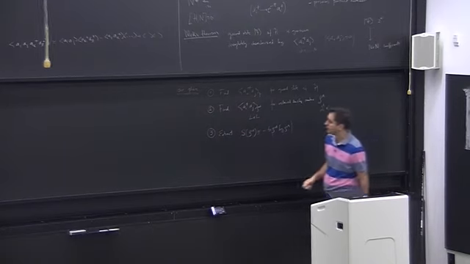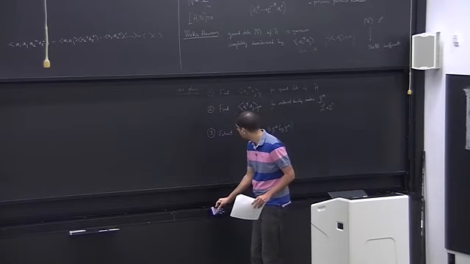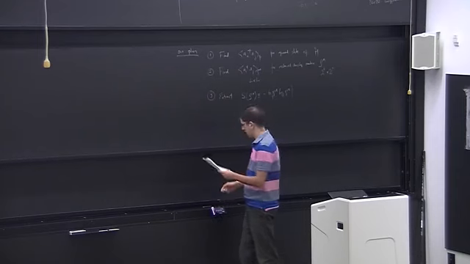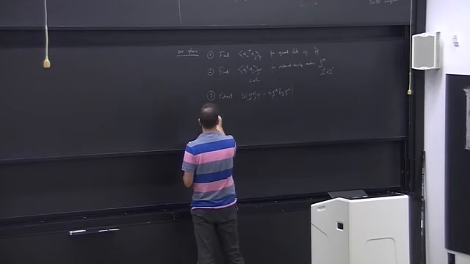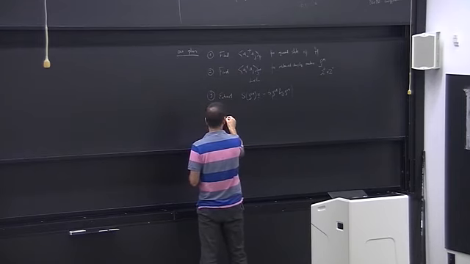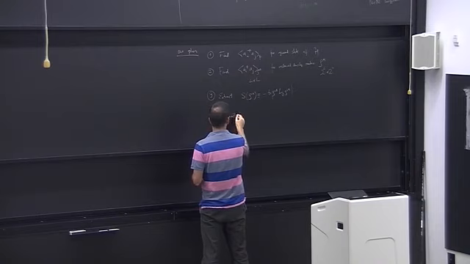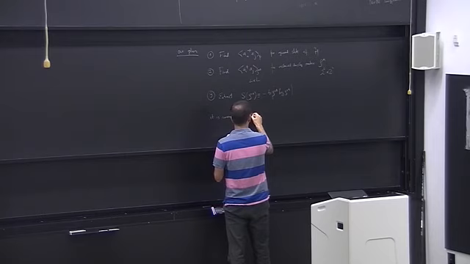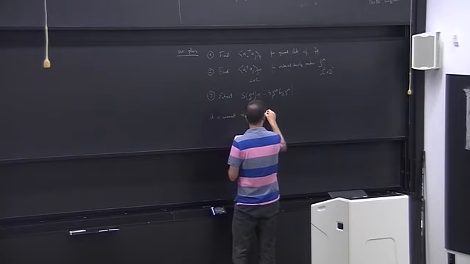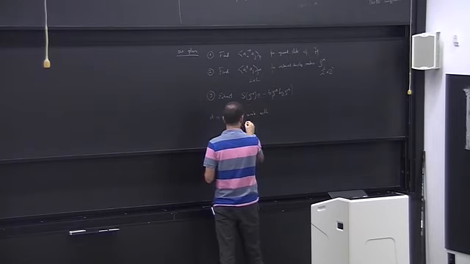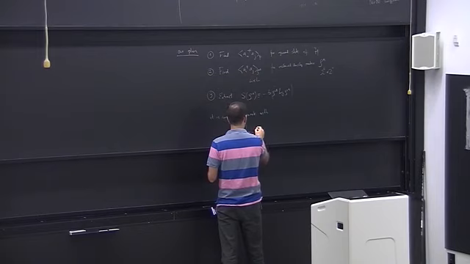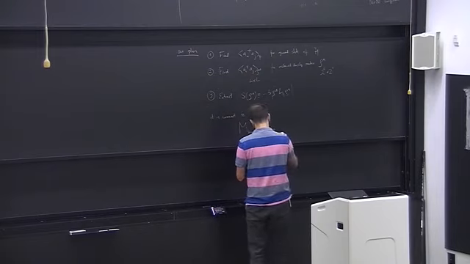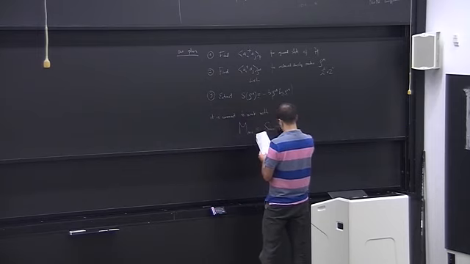And finally, the other comment is that it is convenient to work with a matrix M, which contains exactly the same information as the 2-point correlators.